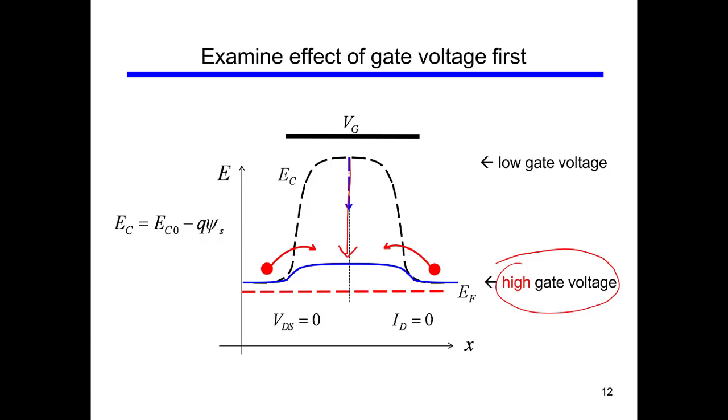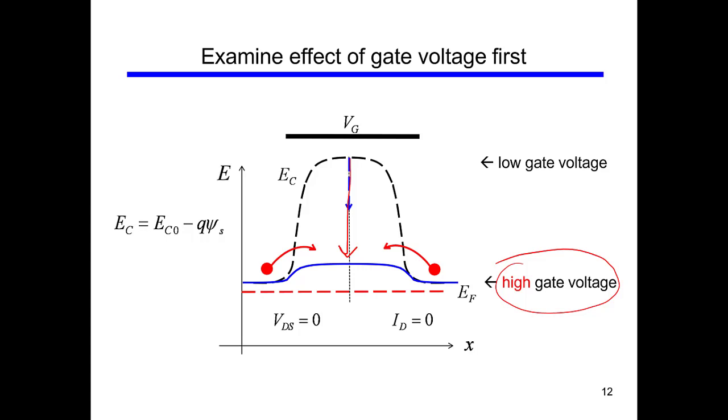Why? Because we saw that when a potential is applied, the electrons go into a potential well and they lose energy. So that's why the barrier has dropped.